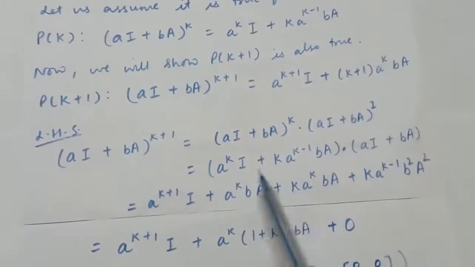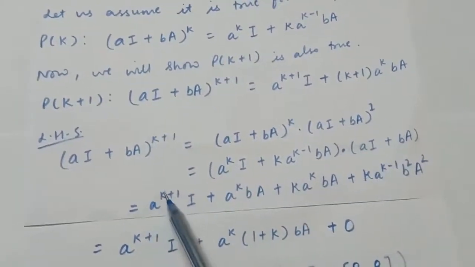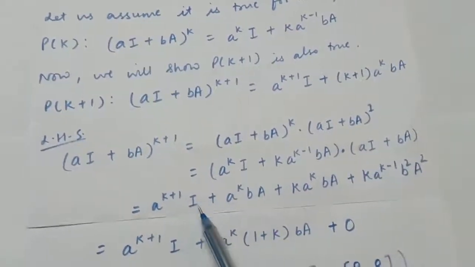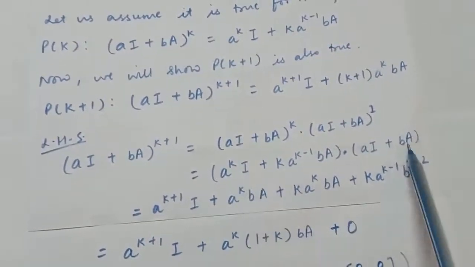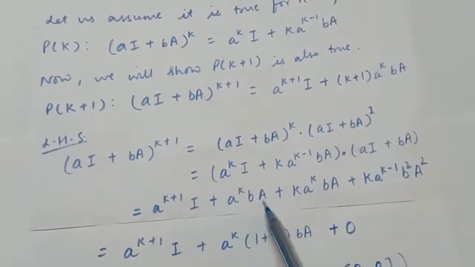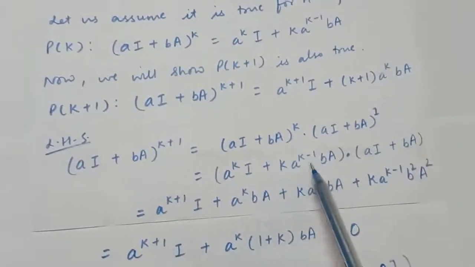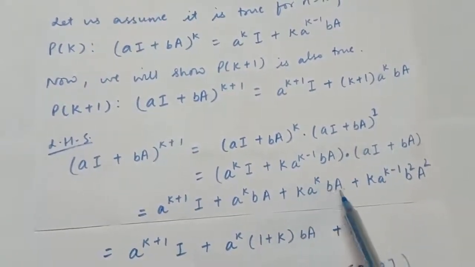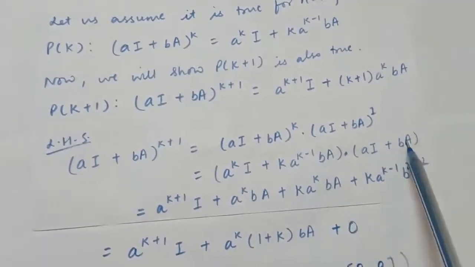Now multiply the terms. A raised to the power k into a will be a raised to the power k plus 1, and identity into identity is the matrix identity, plus multiplying this term with this, so a raised to the power k into b into A matrix, because identity into A matrix will be the matrix A. Now multiplying this with the matrix this, so k, a raised to the power k into bA plus k, when multiplying this with the matrix this.